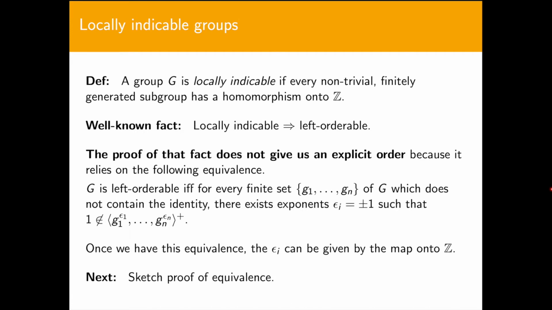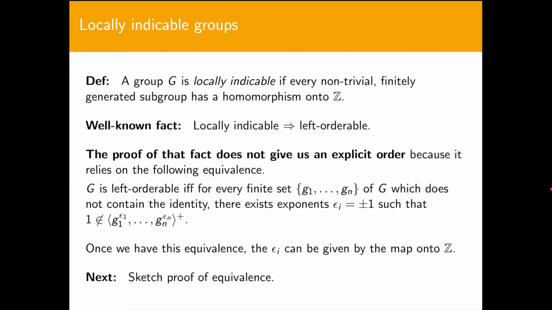Now let's look at locally indicable groups, which are a large class of left-orderable groups. So a group is locally indicable if for every non-trivial finitely generated subgroup, we have a homomorphism onto Z. It's a well-known fact that locally indicable groups are left-orderable. But the proof of that fact doesn't give us an explicit left order because it relies on the following equivalence.